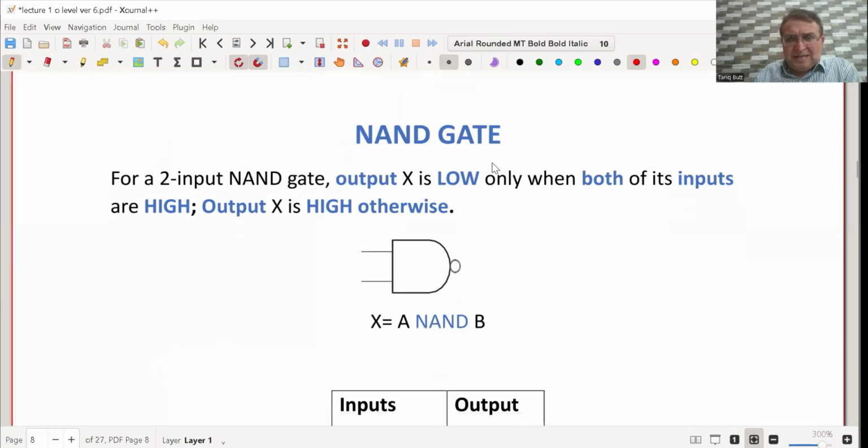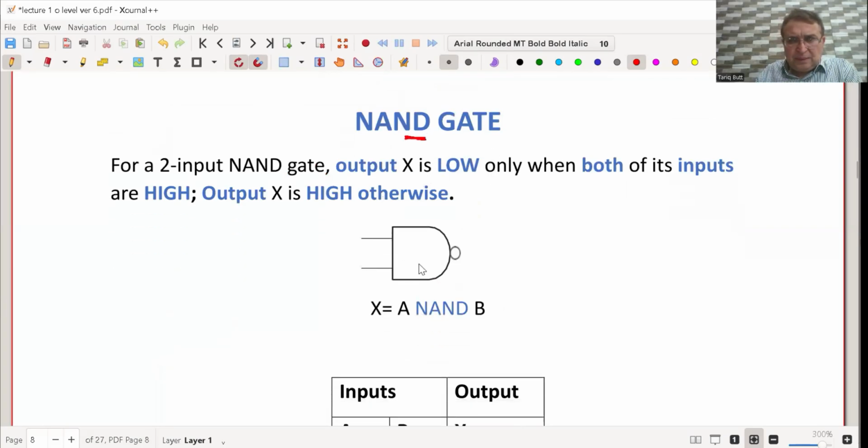Next is NAND gate. And its symbol is shown here. Symbol like AND followed by a small circle at the output. These are the inputs, let's say A and B. This is the output. Let's say we call it X. And its logic expression is written down like this.